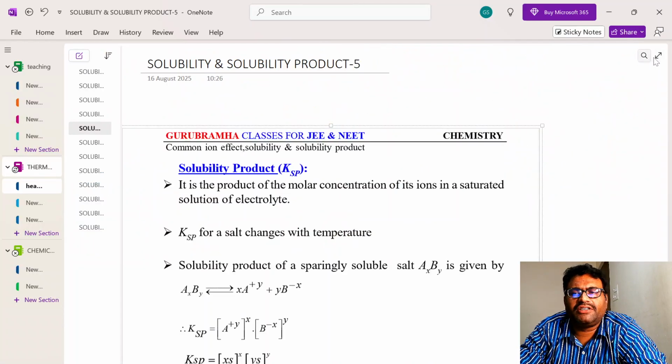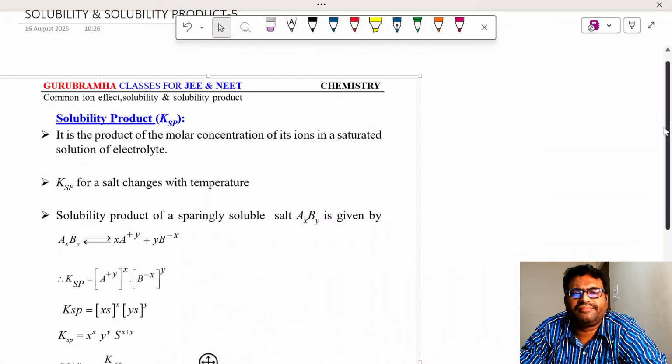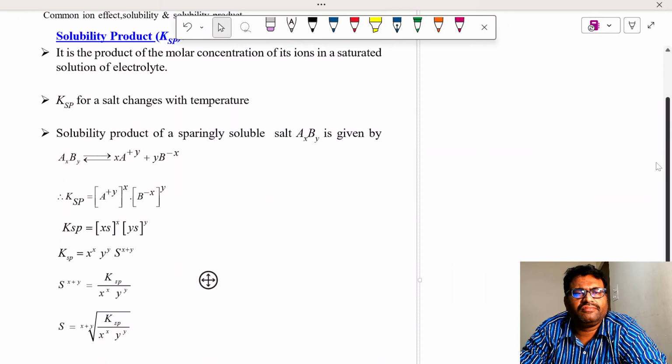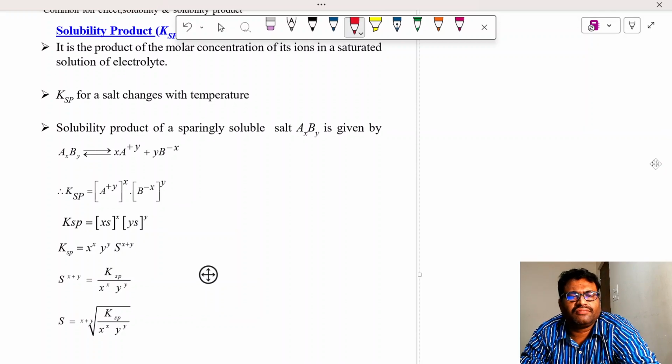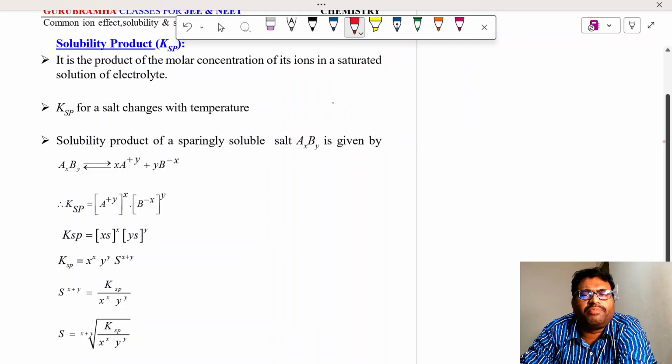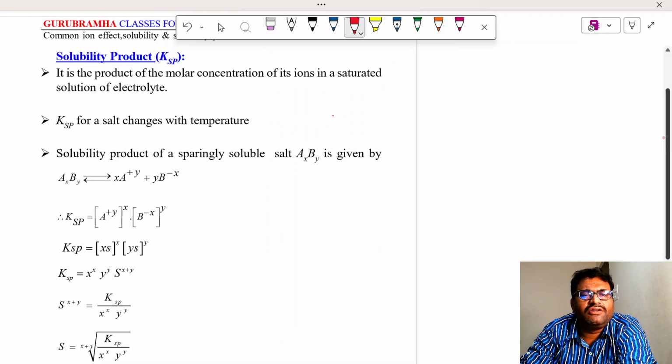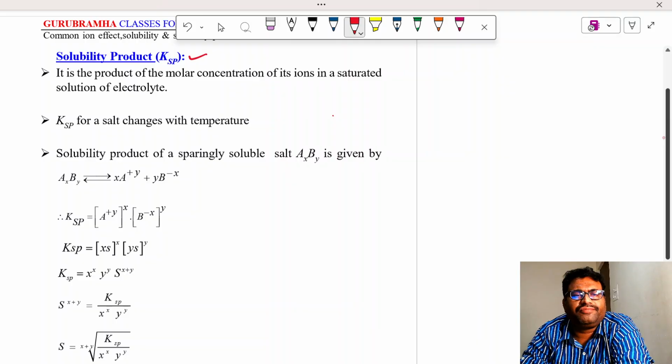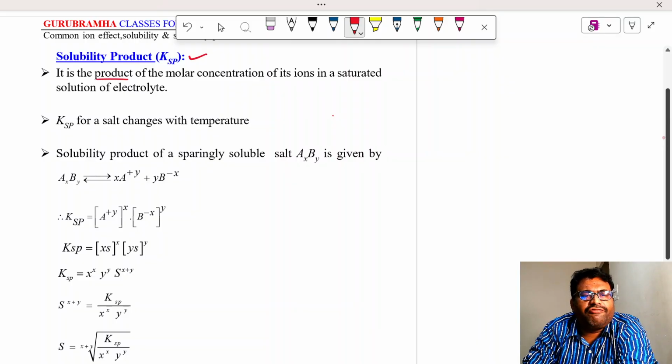Let us go with the next part. Now we are speaking about solubility product. What is that? Solubility product is the product of the molar concentration of its ions in a saturated solution.